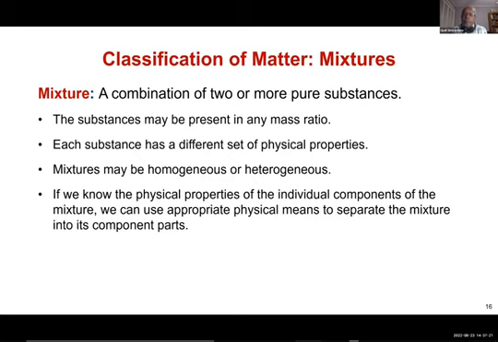If you know the boiling point of water is higher than the boiling point of alcohol, you can heat the alcohol mixture to the boiling point of alcohol, which is about 85, and distill the alcohol from the water and separate it, getting more concentrated alcohol. That's distillation. When you know the properties of the components, we can separate them.